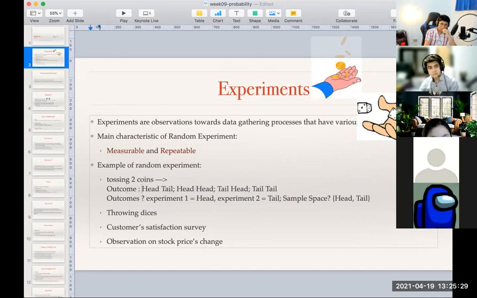How about the sample space? Thank you, Gabriel, for the earlier answers. Then the next question: how about the sample space here? You already have 4 possible outcomes here: head, tail, head, tail, tail, tail.